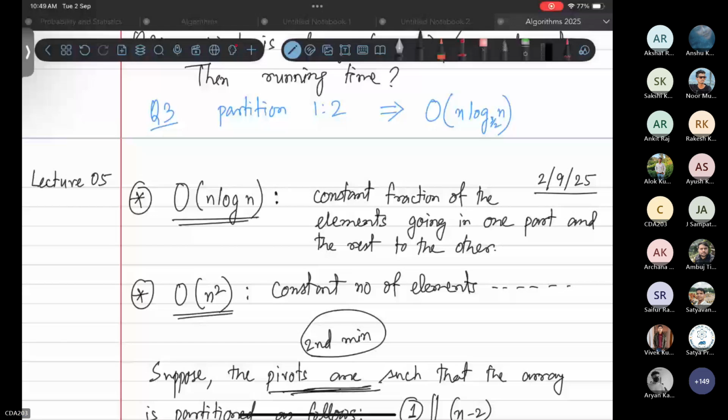So what does this mean? Constant fraction could be n by 10 elements going in one part, and 9n by 10 elements going in the other part. Okay.